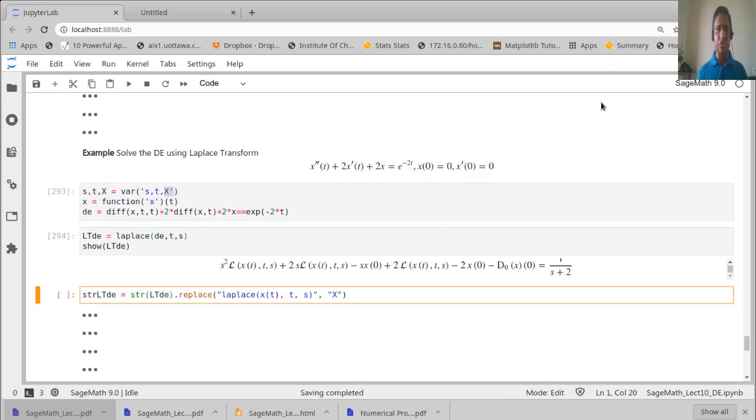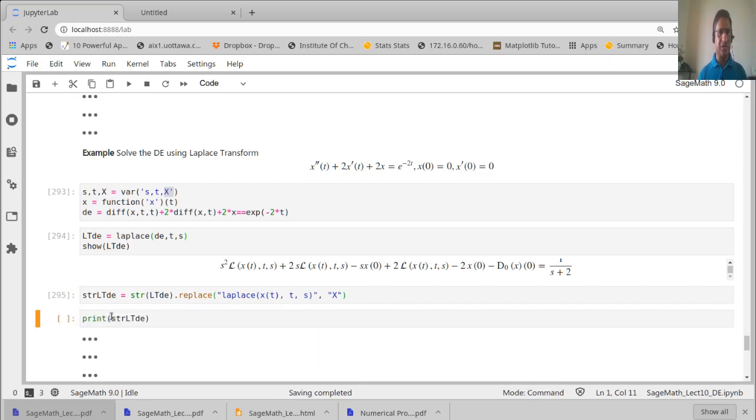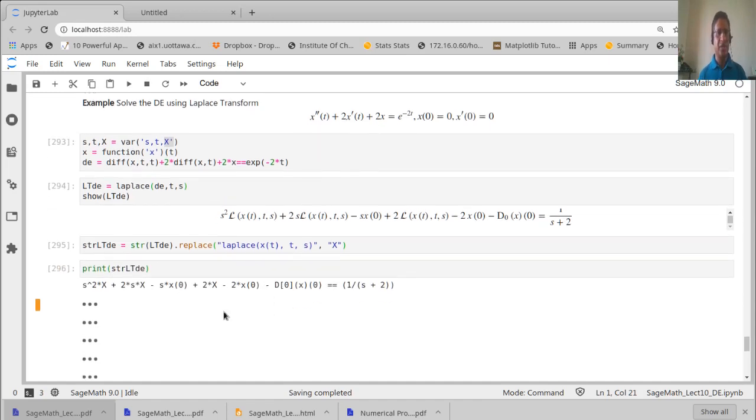Convert this into a string and then replace the Laplace transform of x t with respect to t and s by capital X, again as a string. So that is what has been done. Now let us print strLTDE. Now you see that the Laplace transform has been replaced by capital X wherever the Laplace transform is.